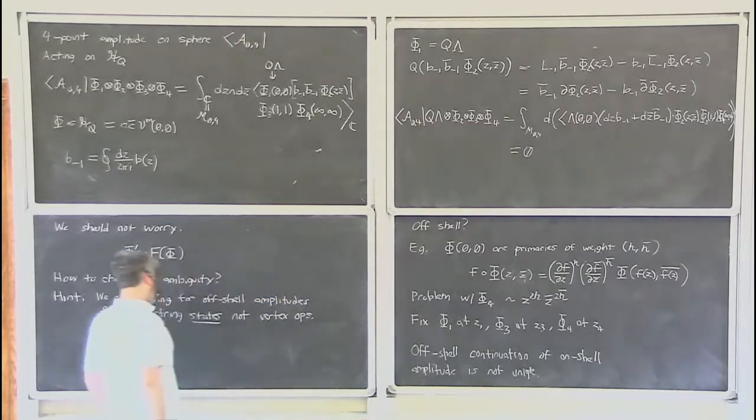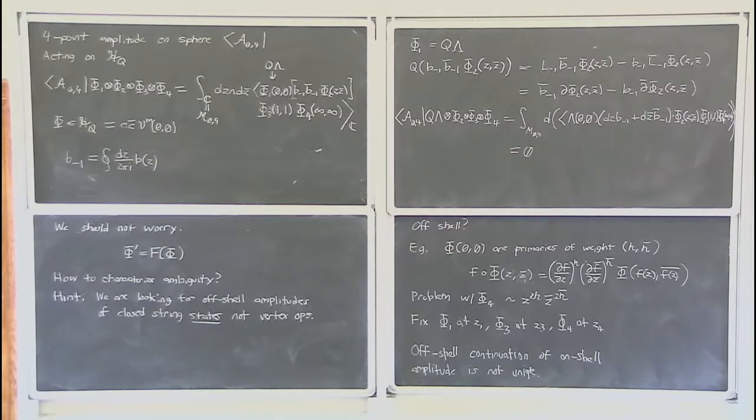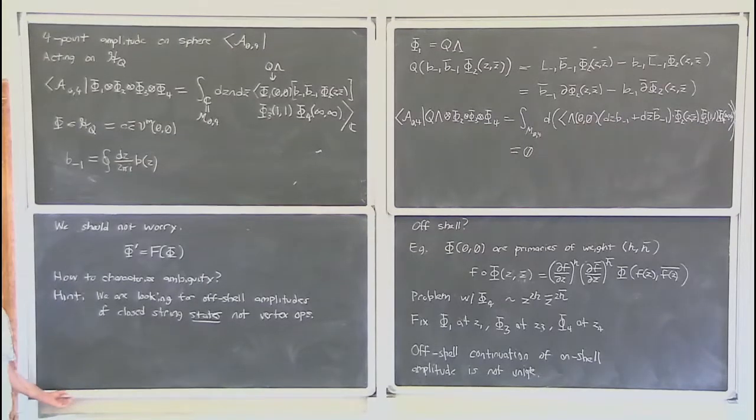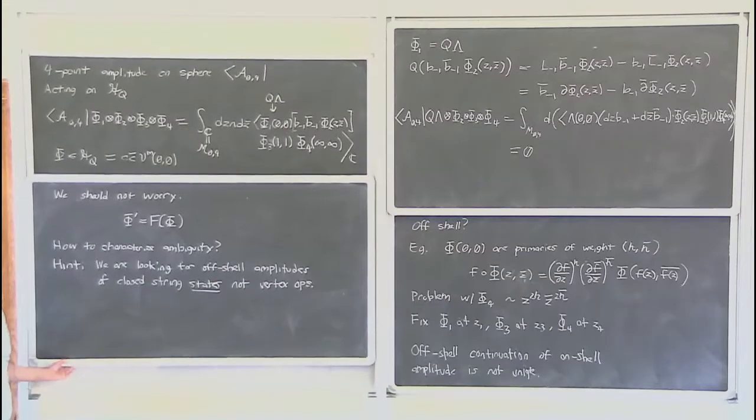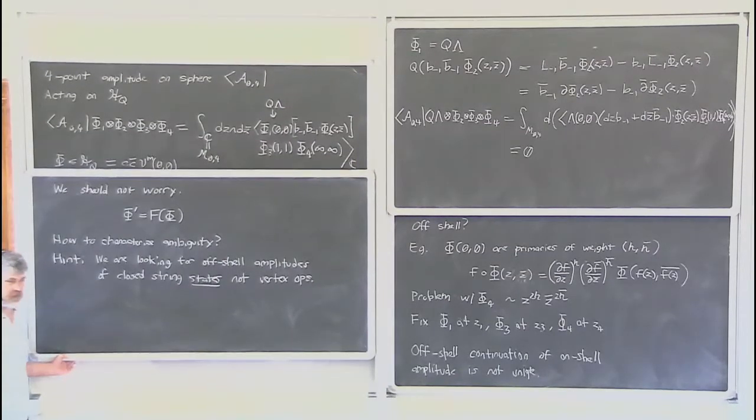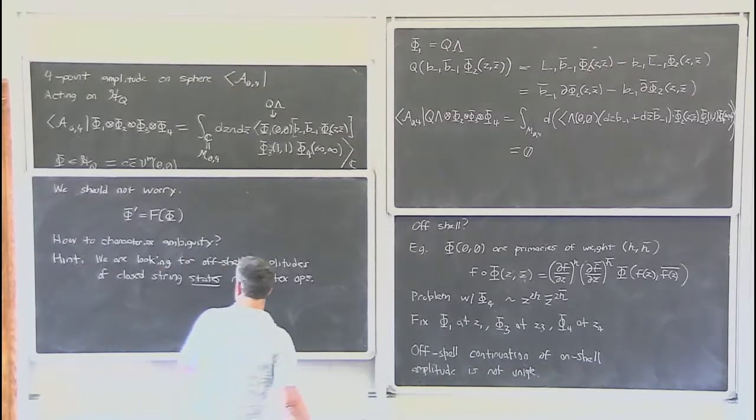Usually a state and a vertex operator are regarded to be the same thing, but there's actually a subtle difference, which presently is really important for understanding what's going on.